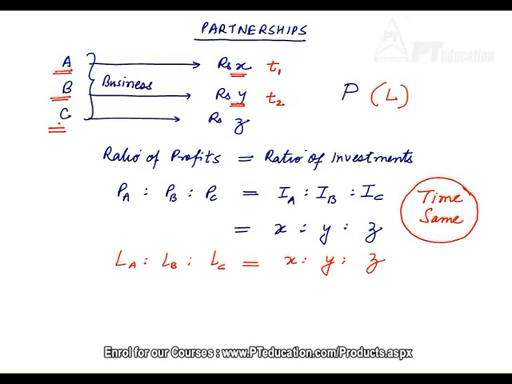They just have to be same for all the three. The units have to be same for all the three partners. And partner C brought in rupees Z for a time period of T3 months. Now obviously, things will change. How will things change? Let's take a simple look. Very, very simple.